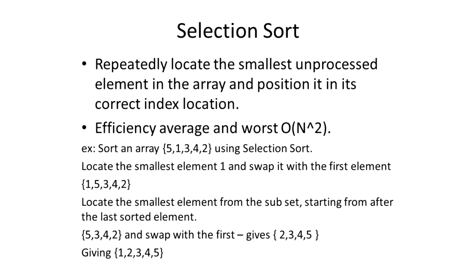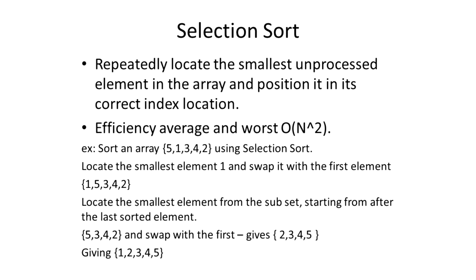Okay, so this SelectionSort algorithm works on the principle that we locate the lowest value and then swap that with the first element of the array. So you'll see that currently in this list of 5 elements that the lowest element is 1, which is in the second location in the array.